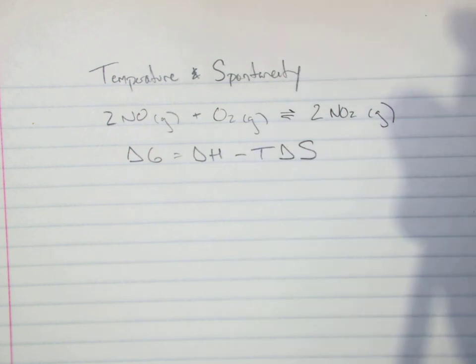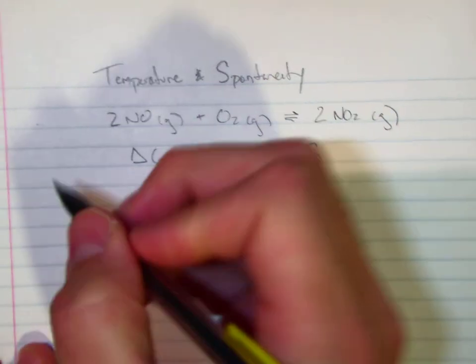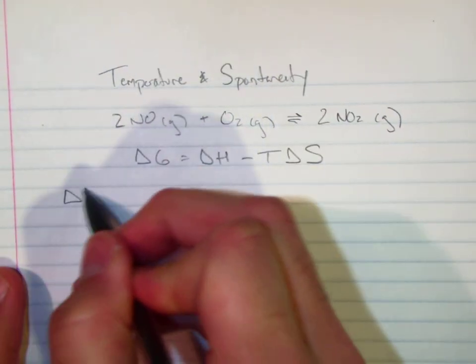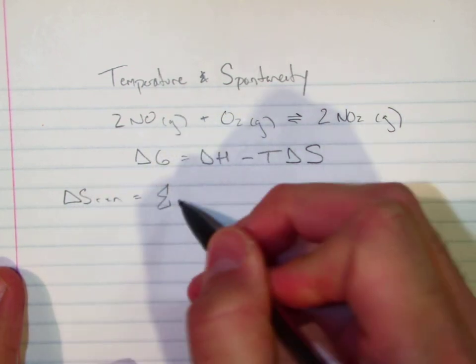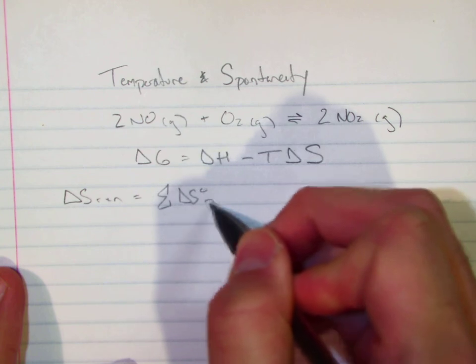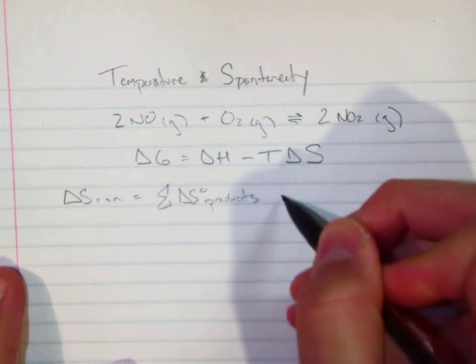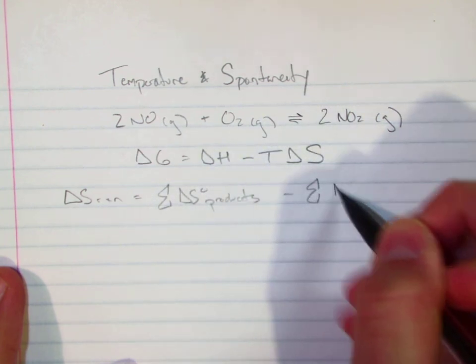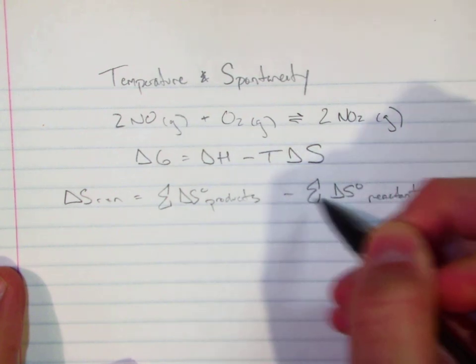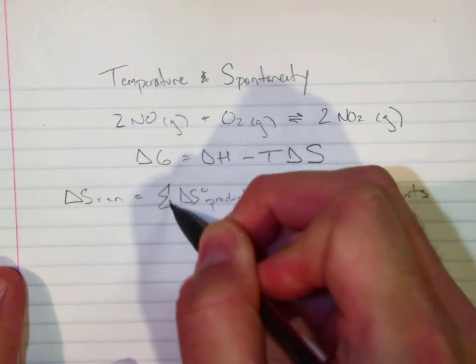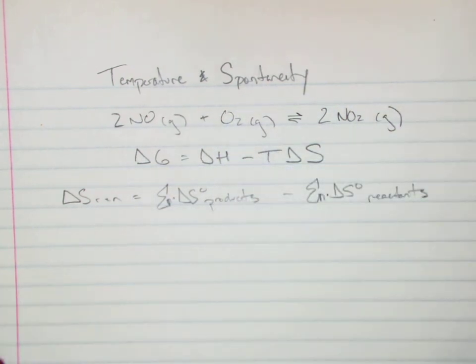But in order to do that, we first have to calculate delta H and delta S for the reaction. Okay, so let's look at doing that first. Delta S for the reaction is going to be equal to the sum of delta S naught for the products minus the sum of delta S naught for the reactants, keeping in mind that these have to be multiplied by their stoichiometric coefficients, which I've shown there as n.